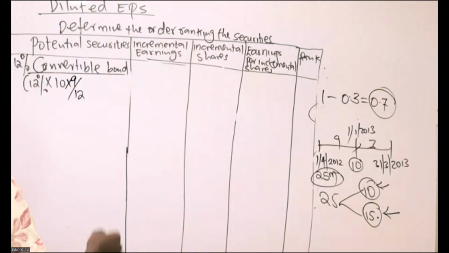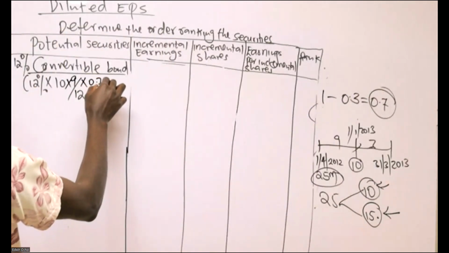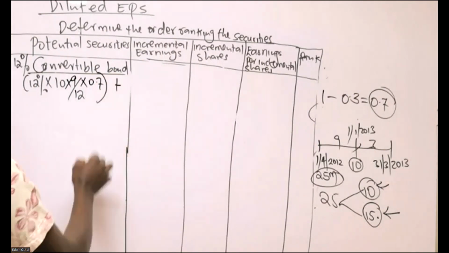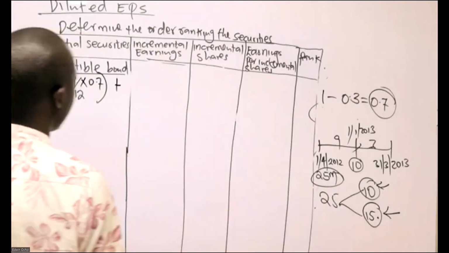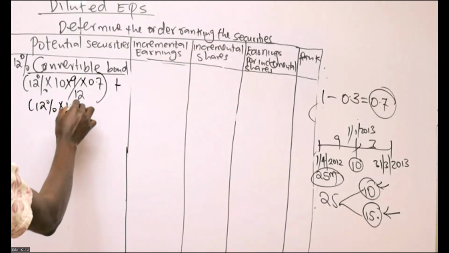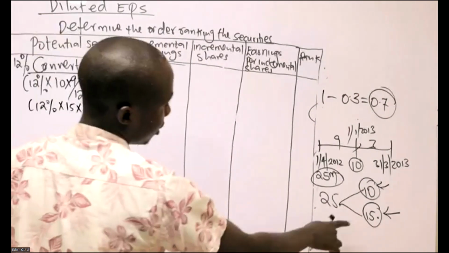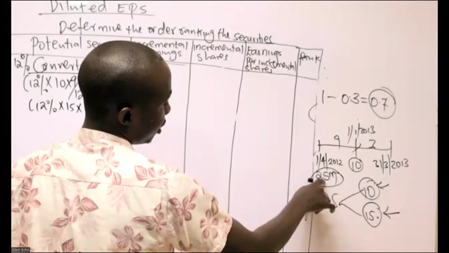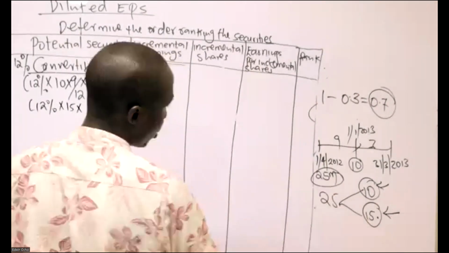Net of tax, that is 0.7. Plus, now we have to recognize the 15: 12% times the 15. But remember that this 15 was from the initial period, from the start of the year. So we say 12 over 12.